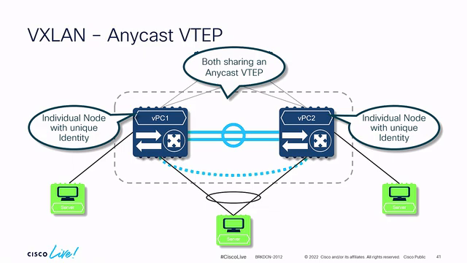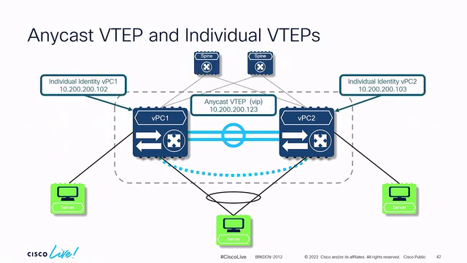So how that looks from IP address perspective: each VPC peer, VPC1 on the left, has IP address 10.200.200.102. Our VPC peer on the right, VPC2, has IP address 10.200.200.103, but our anycast VTEP address is 10.200.200.123. So our VPC domain will be represented to the rest of the VTEPs with this VIP address, which is 10.200.200.123.